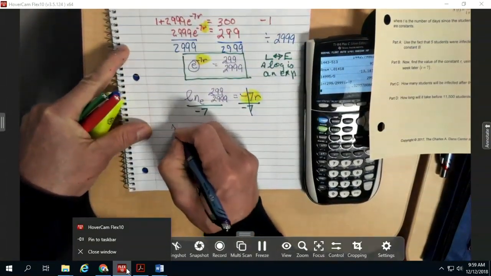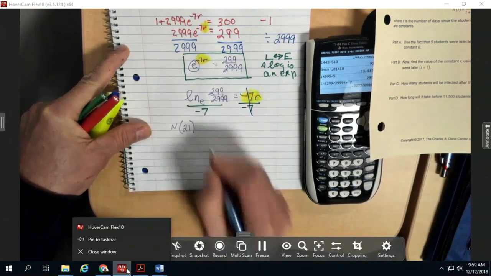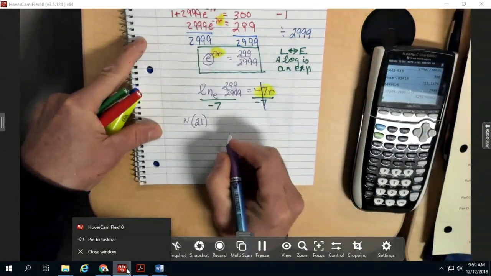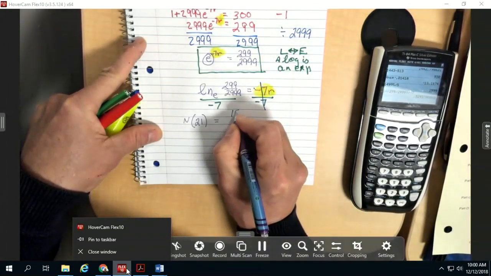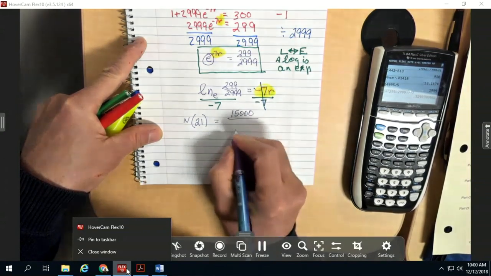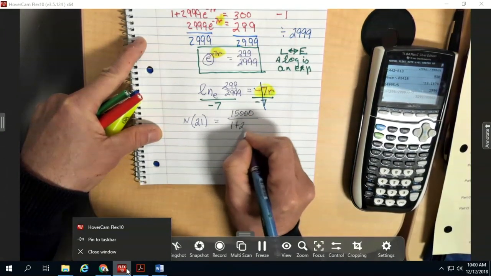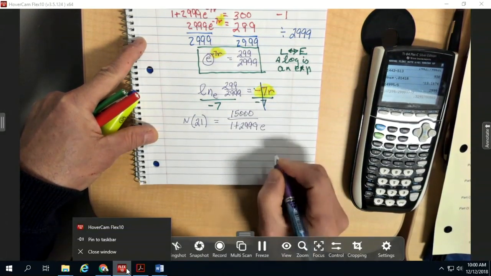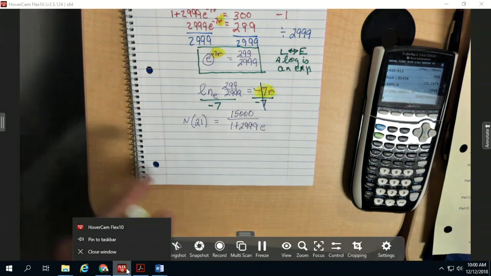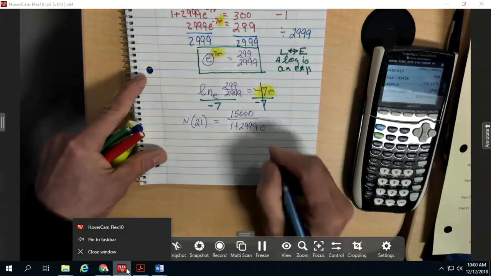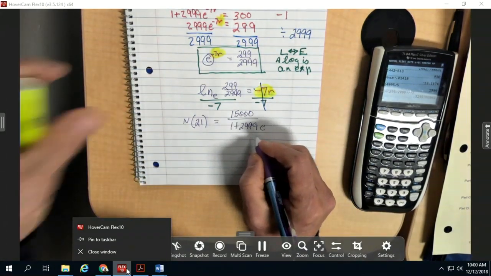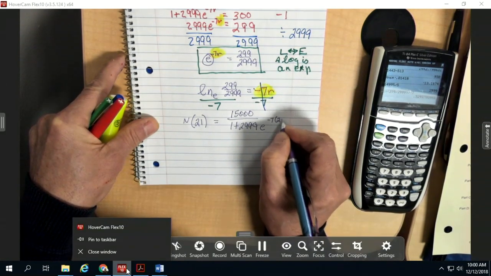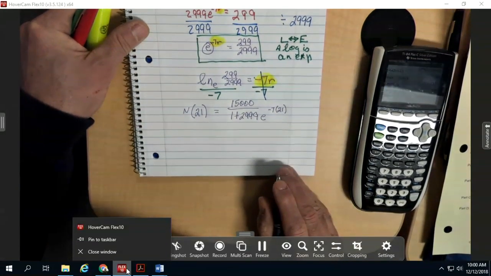How many students will be infected after 3 weeks? So we're looking for a number at 21. Why 21? 3 weeks, right? Is 15,000 over 1 plus 2999 e. Where'd my b go? Oh, I forgot the b. Yeah, we got 2999 e to the negative 7 times 21.